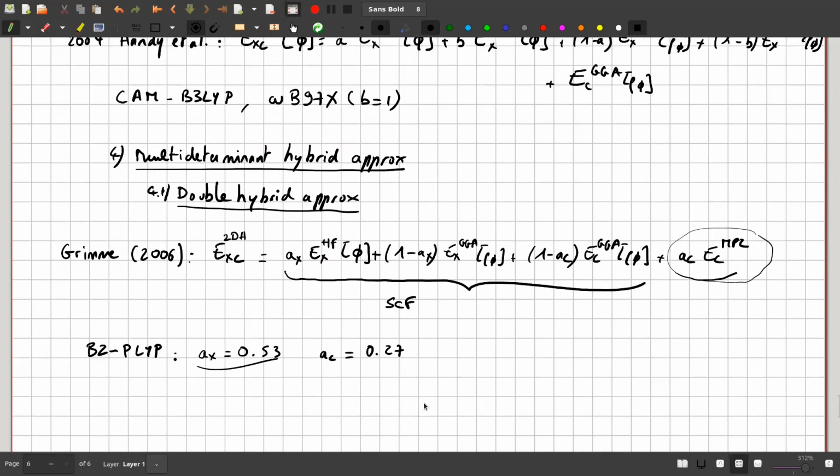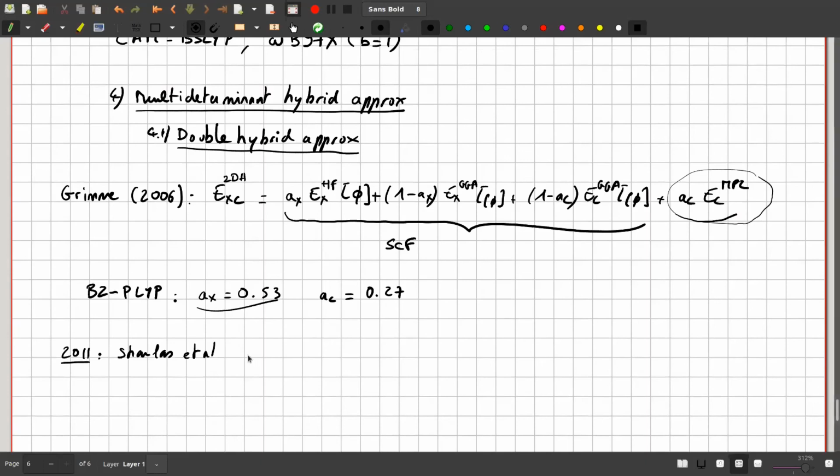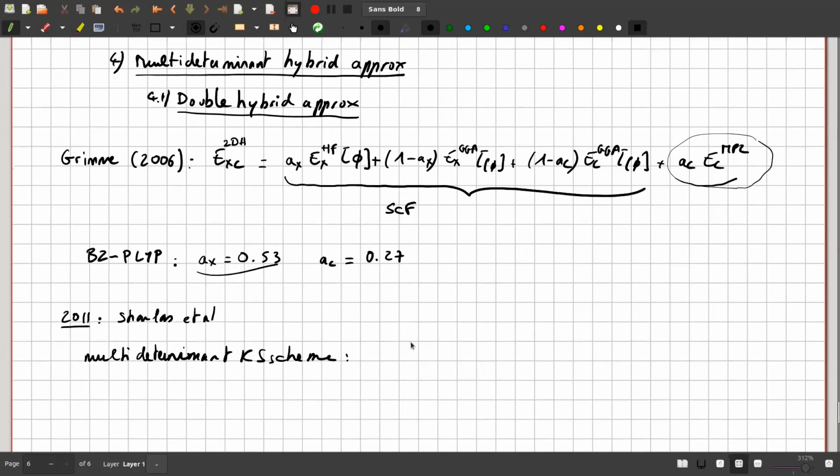So the double hybrids, in order to understand them, it was proposed in 2011 by Sharkas, Savin, and myself to view them as an approximation of a multi-determinant Kohn-Sham scheme.